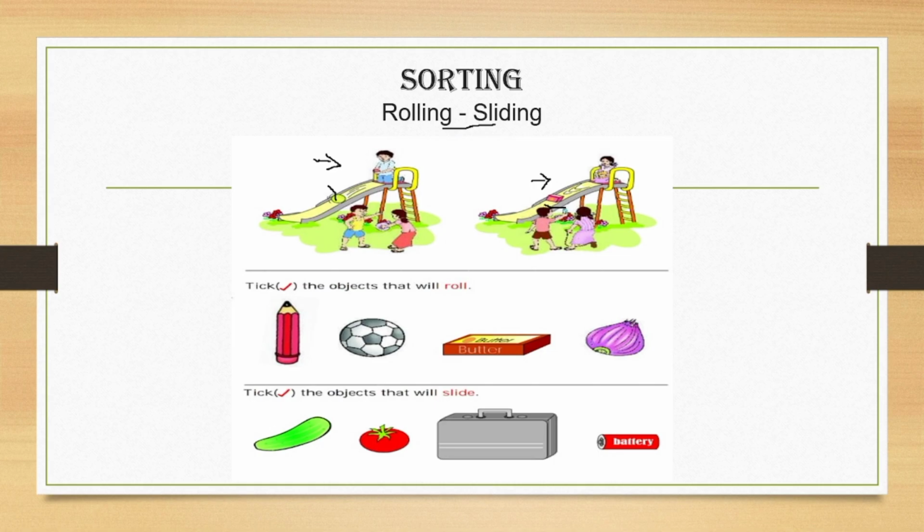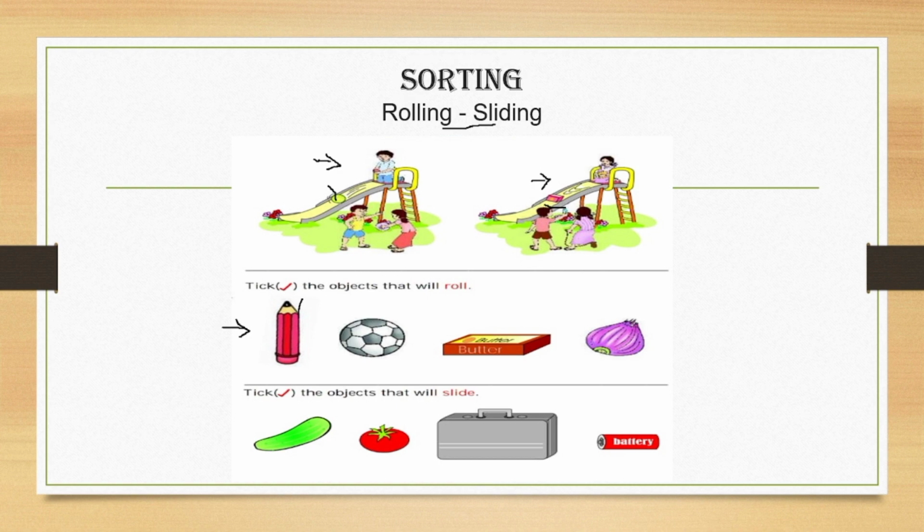Here we have an activity. Look at this. There are 4 objects here. 4 objects, right? Of these, we have to tick the objects that will roll. So, this is a pencil. Okay, take a pencil and try to roll it over the table.